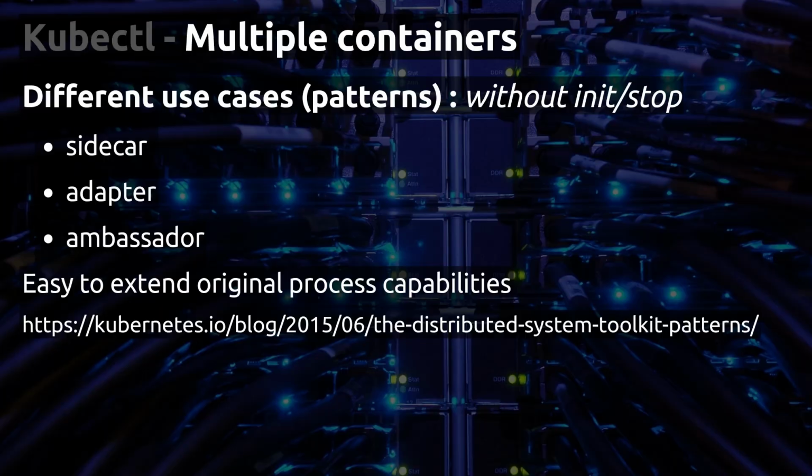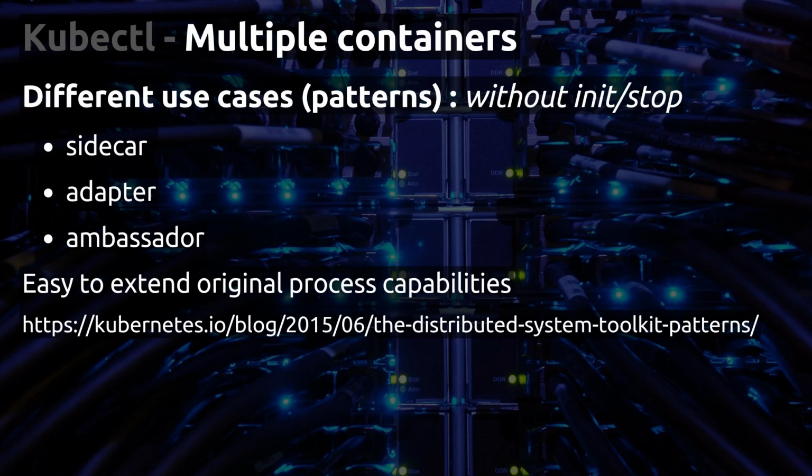Multi-container pods have three patterns or general use cases. Warning, if you already know Kubernetes, we don't take care of init or stop containers or stuff like that. The first pattern, and the most used when we talk about multi-containers, is the sidecar. But the term is abused.